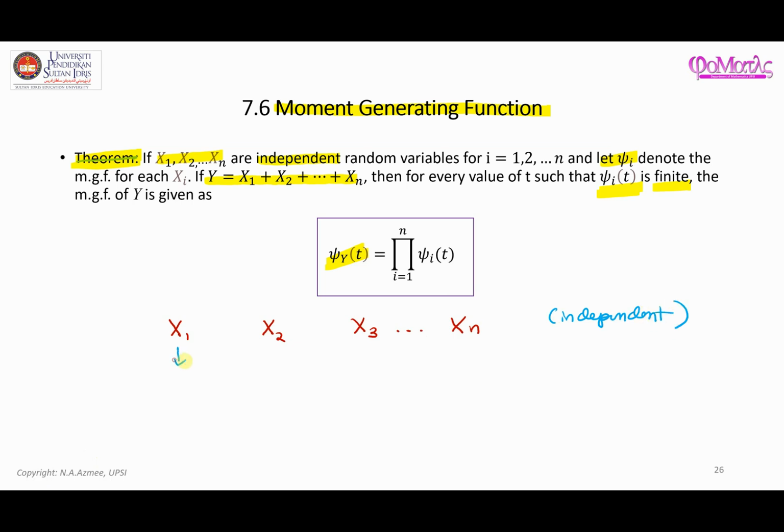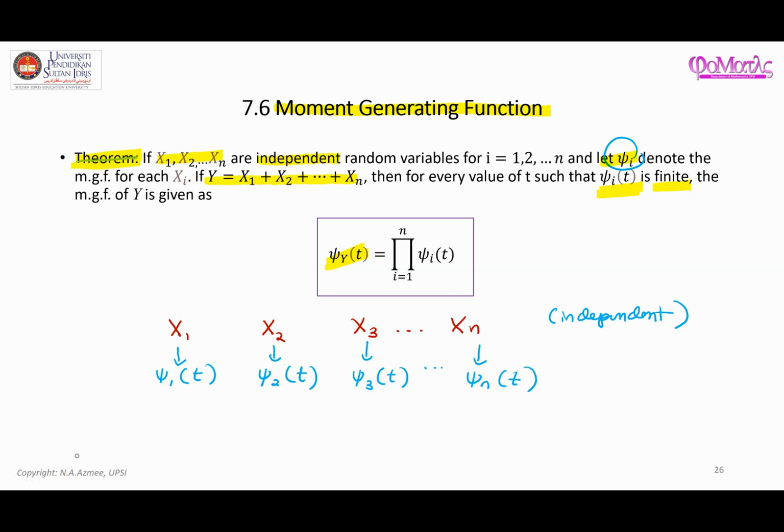And they have their own MGF. So this is the MGF for x1 and the MGF for random variable x2, denoted as such according to the definition. That is the symbol used. Okay, the third MGF and the last one.